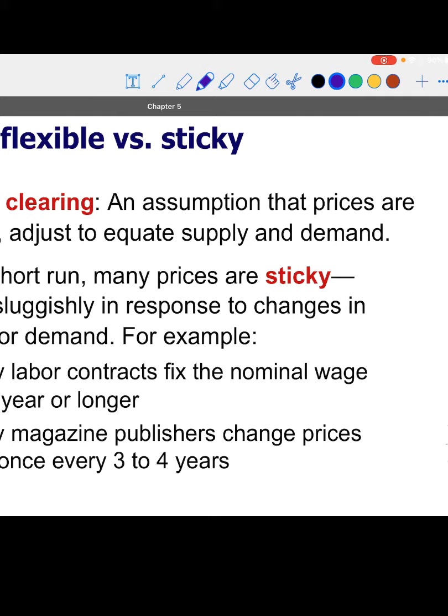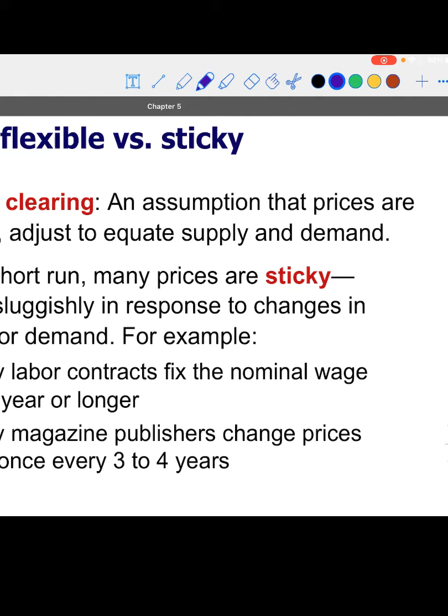So we start with part of the model where we say that markets do clear. Markets search for a point where buyers and sellers can come to some sort of agreement on the price. Once you determine that, you're not just going to change it right away.